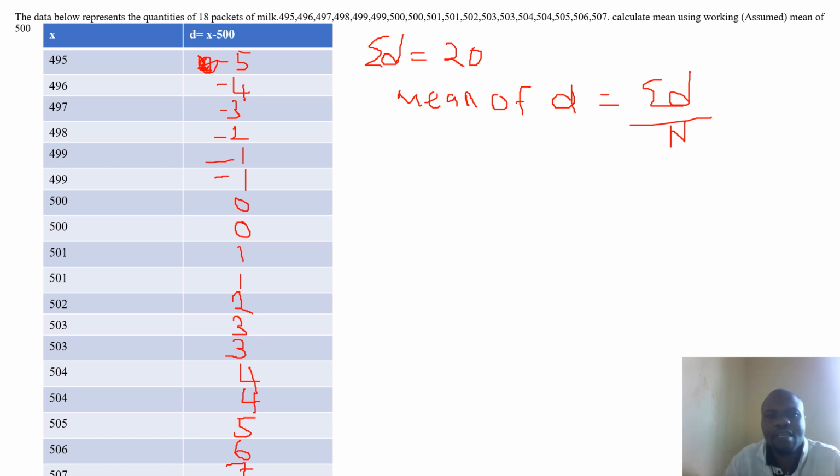How many observations did I have? I had 18 packets, so this is 20 divided by 18.